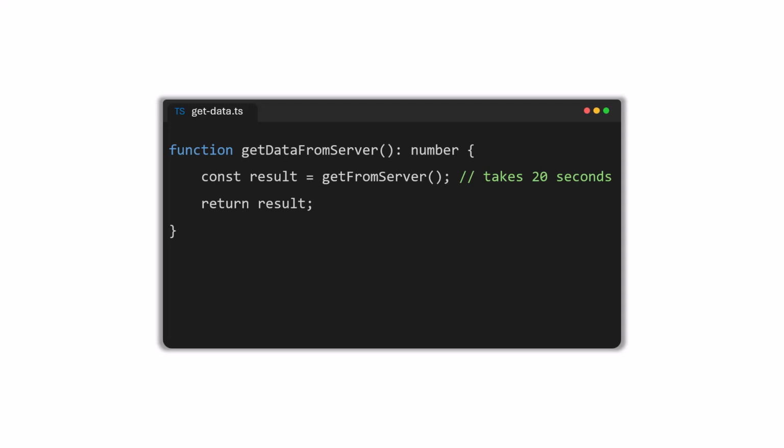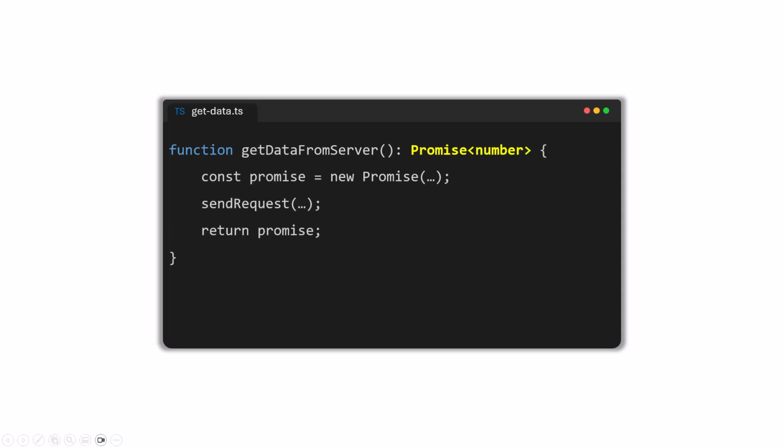So what does the function return in that case? If it could wait 20 seconds, it would return a number. But since it can't wait, it returns a promise of a number. It creates a new promise and returns that promise. Once the server process is done, the promise will be updated with the final value.